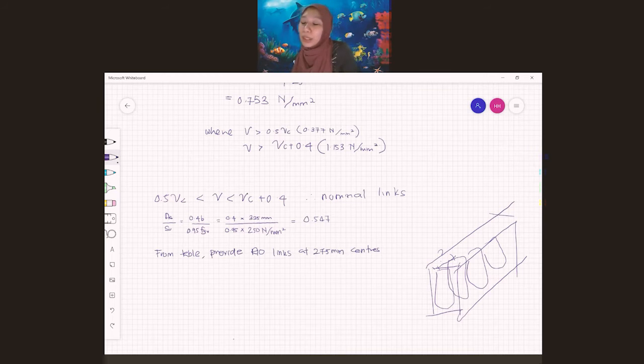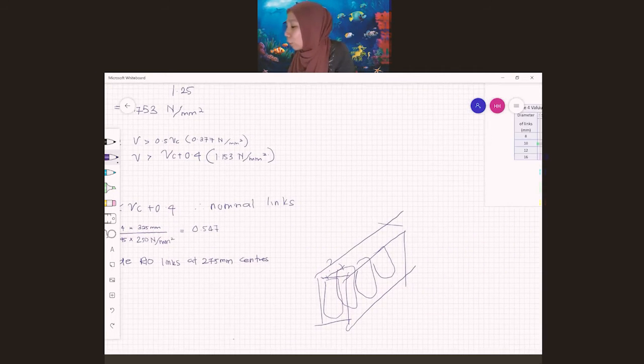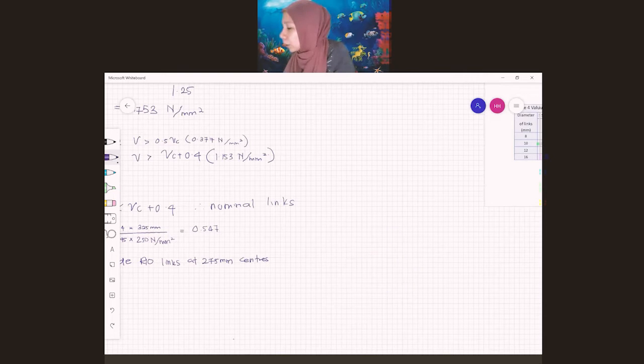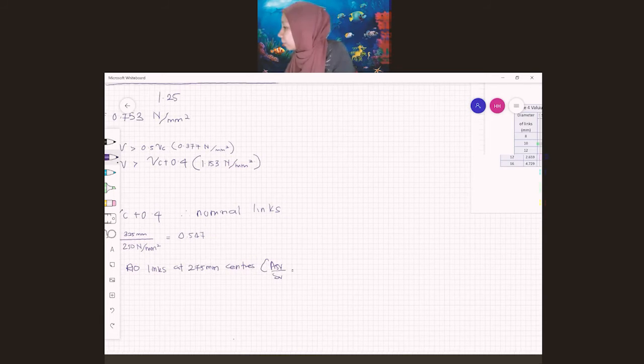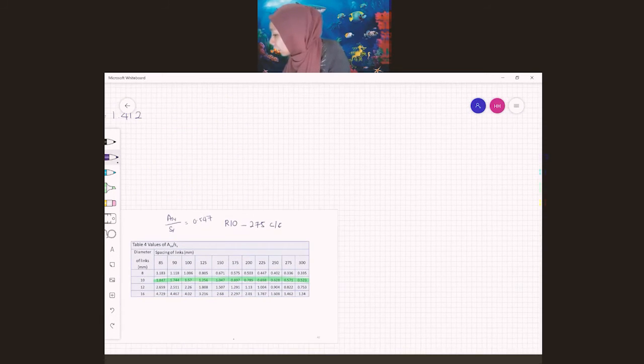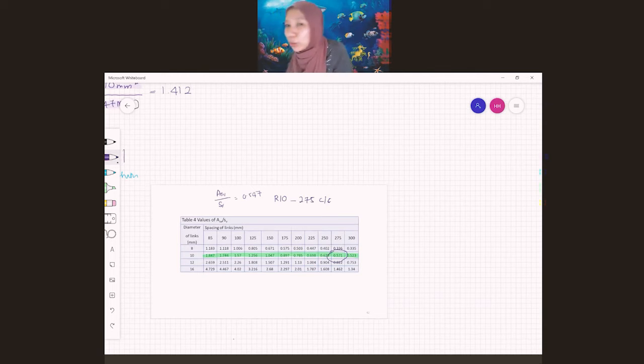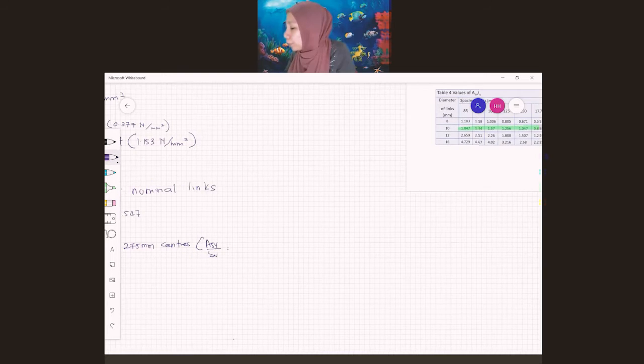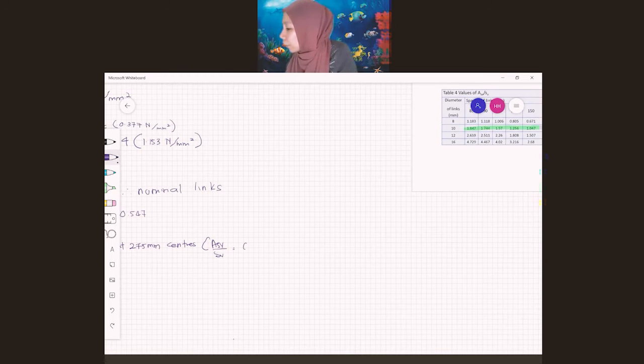Memang macam tu dalam drawing lah. But this one dalam ayat lah sebenarnya. And also kita tulis lah berapa dia punya ASV. So ASV divided by SV is equal to, I tak ingat. Berapa tadi? 0.571. Okay, so that is the one yang kita select.